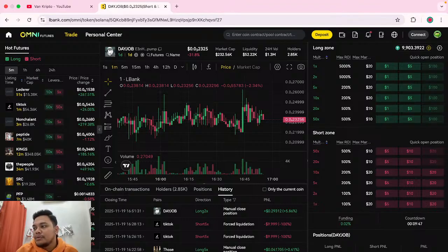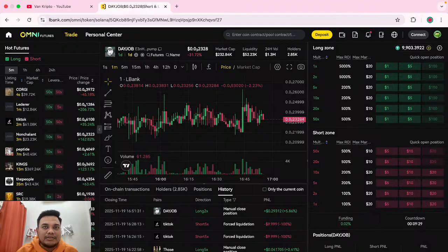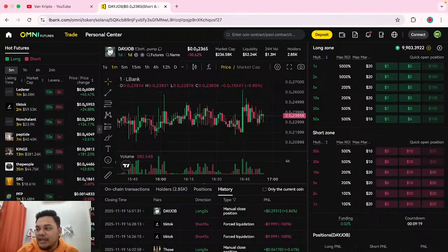So for the trading experience also, we are just one click away to open or to close any position. And also for the safety features like stop loss or limit order, or any tools that we have been using inside normal trading, right?